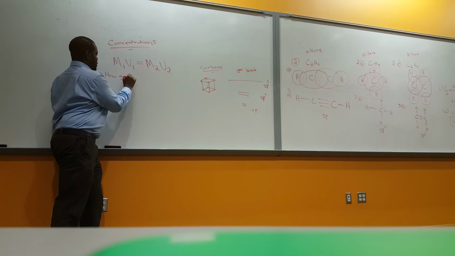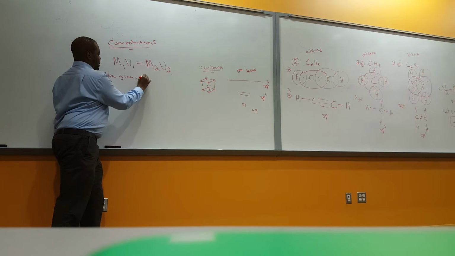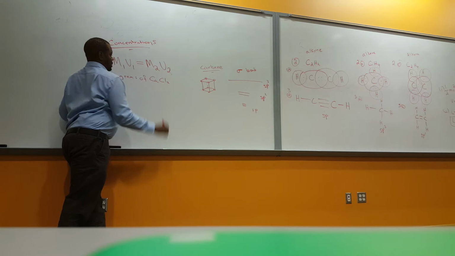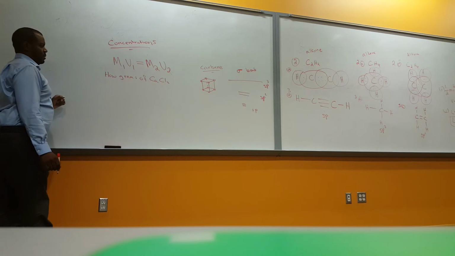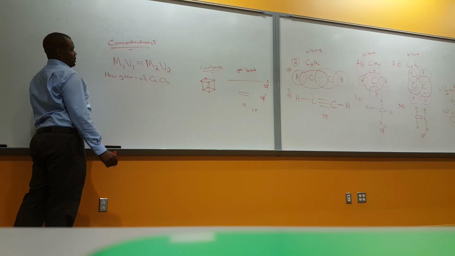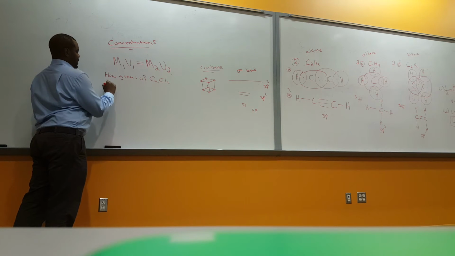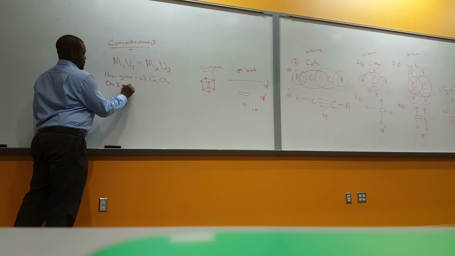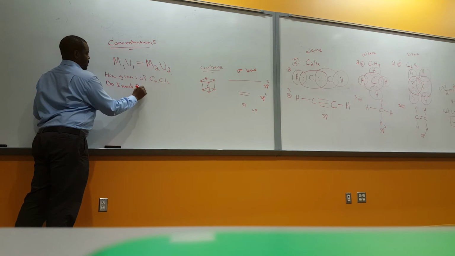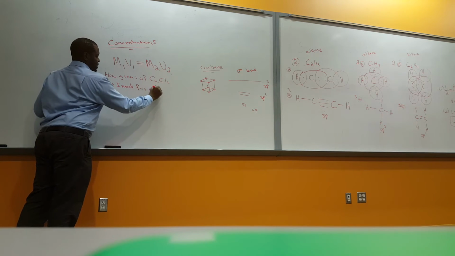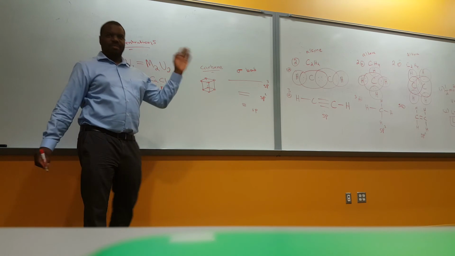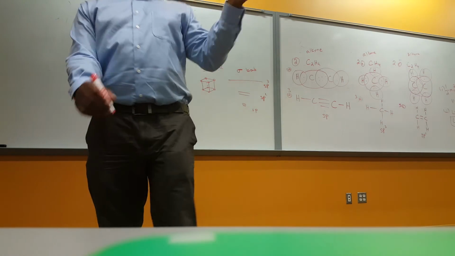So you might be asked how many grams of calcium chloride do I need for a 6 molar solution of something with hydrochloric acid? It might be something like that. I'll let you look up those kinds of problems.